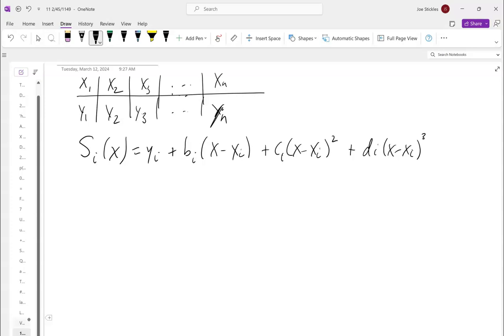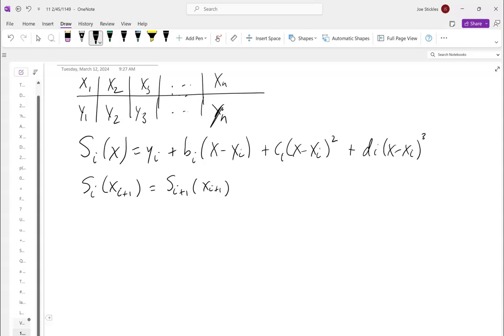So when I put x sub i plus 1 in for the function, for the ith function, I better get the same thing as when I plug it into the i plus first function, right? You agree with that?